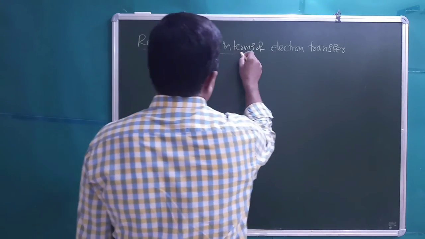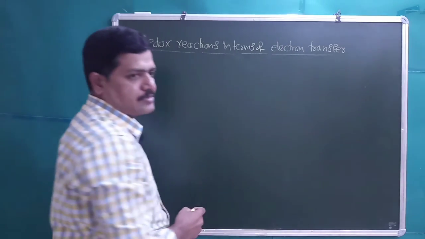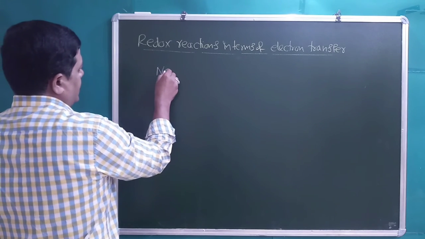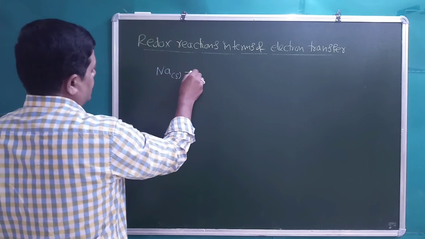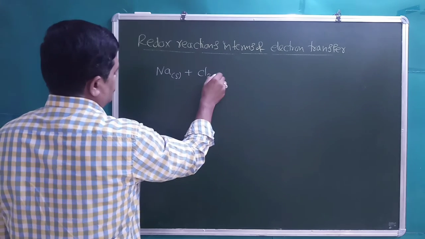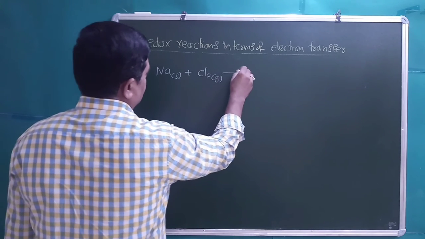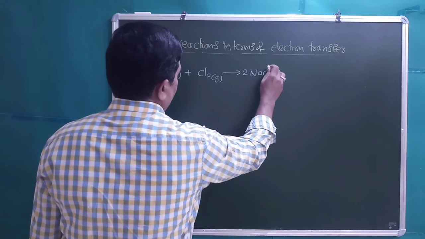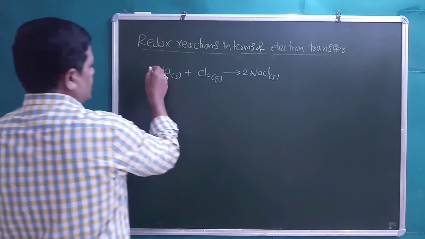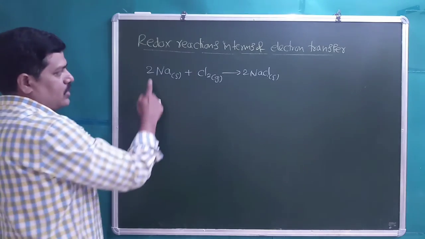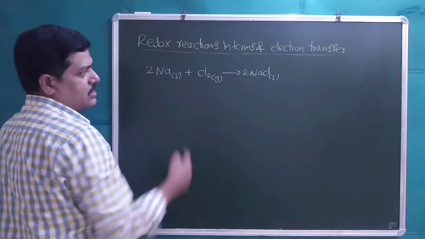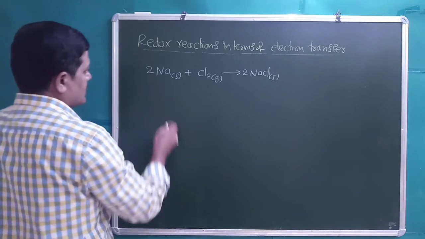Redox reactions in terms of electron transfer. Students, for example, Na solid is reacting with the Cl2 gas, which gives 2NaCl solid. 2Na solid will react with the Cl2 gas, which gives 2NaCl.